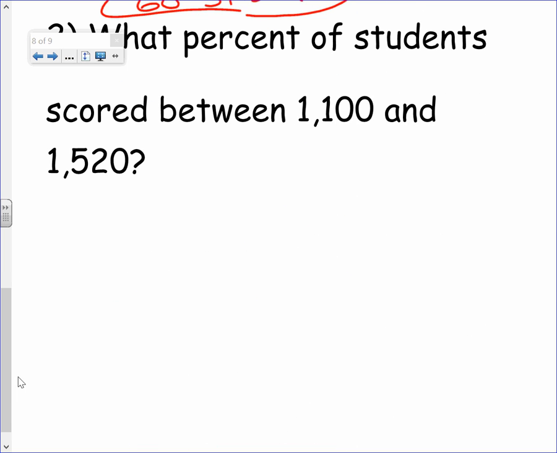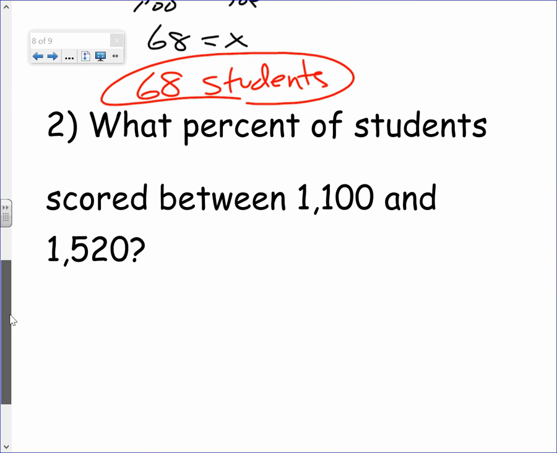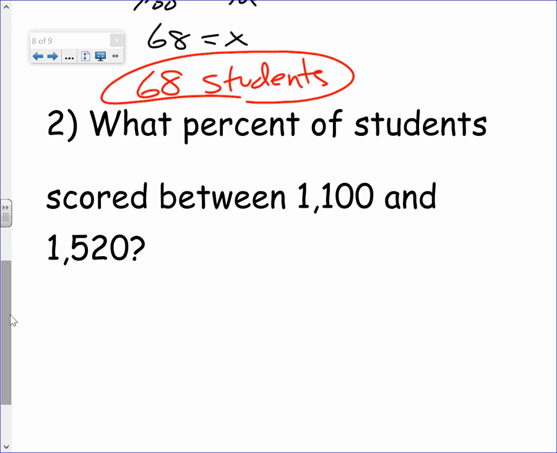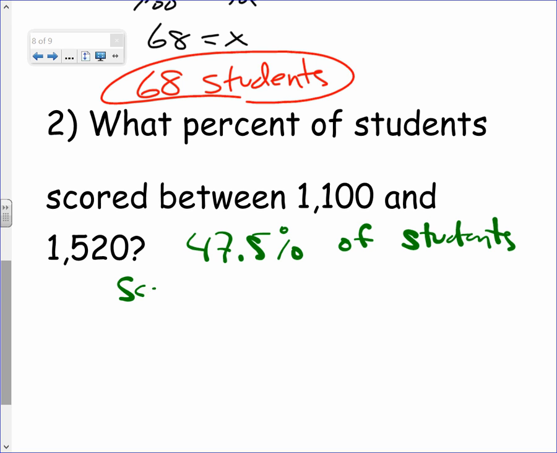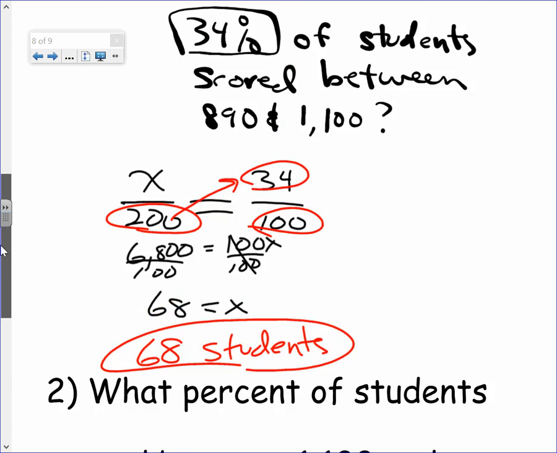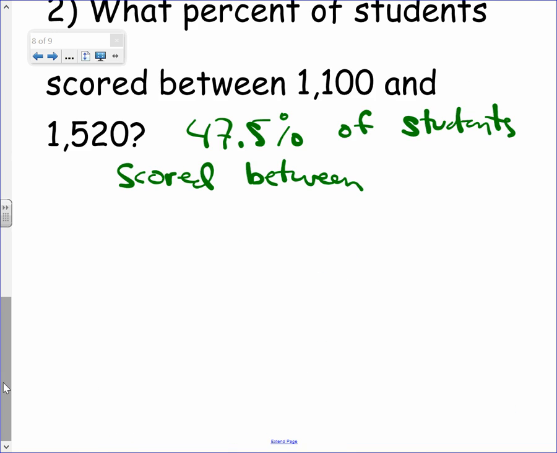What do you get when you divide 95 by 2? 47.5% of students scored between 1,100 and 1,520. Very nice.